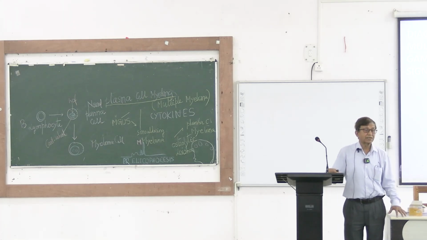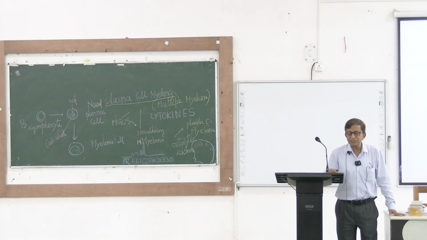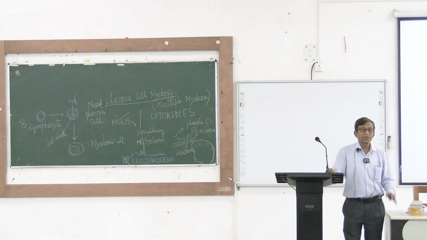But remember, these plasma cells are not normal. They are abnormal. So they will produce a heavy amount of antibodies, which will fail to protect our body. Otherwise, the body will be more prone to infection.